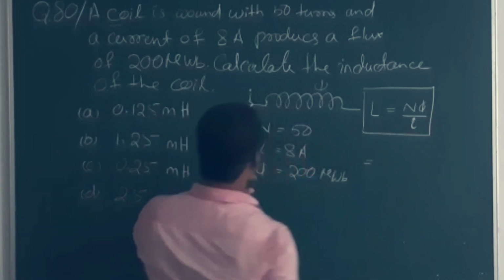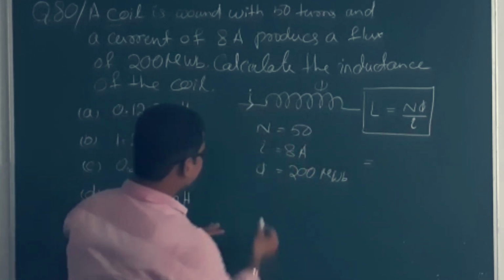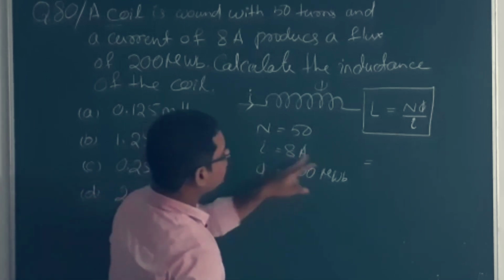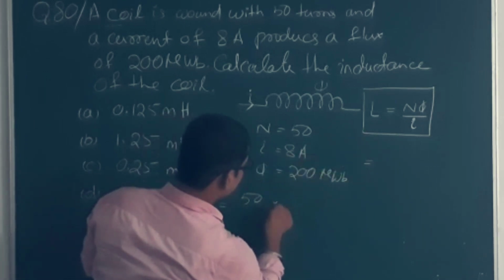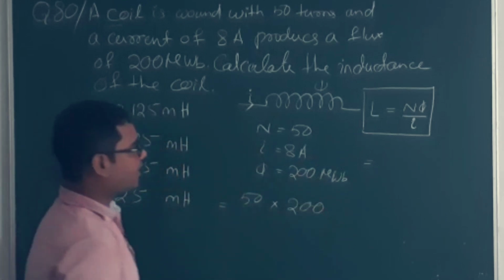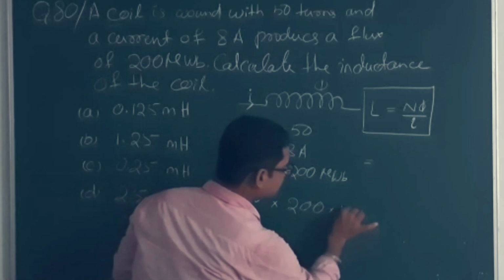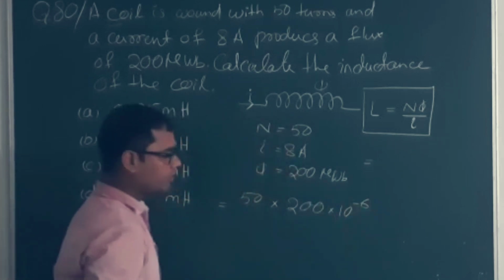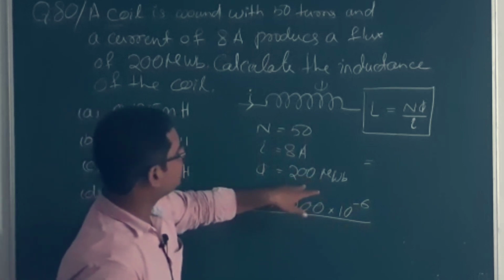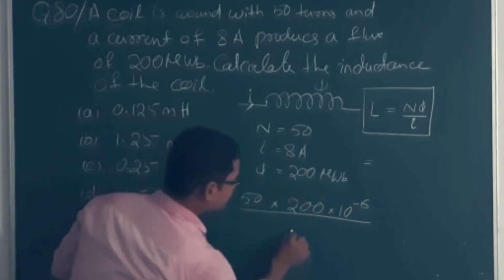So N is given here. What is N? 50. So N is 50 into phi. Phi is 200 microweber. Micro means 10 to the power minus 6. Then upon I. What is the value of I? 8 ampere.